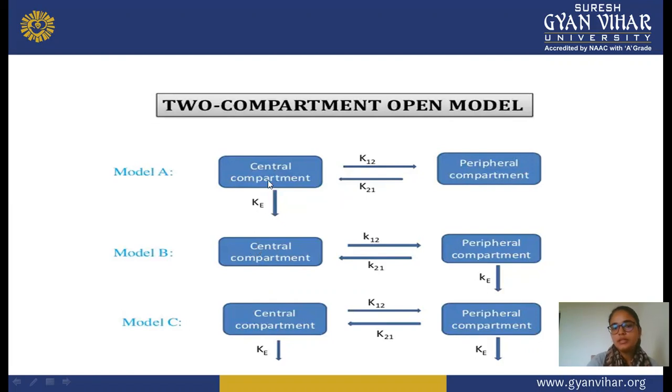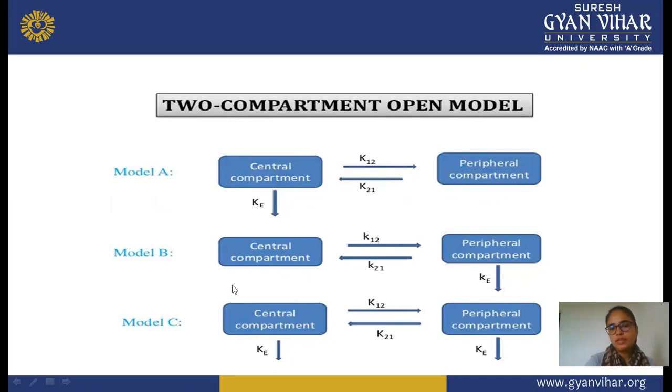Then it reaches the peripheral compartment, from highly perfused tissue to low perfused tissue or organ, with a constant K12 from central to peripheral. It again comes back to the central compartment so that the remaining drug can be excreted, or some amount of drug can be reabsorbed. So this is model 1, where elimination takes place from the central compartment.